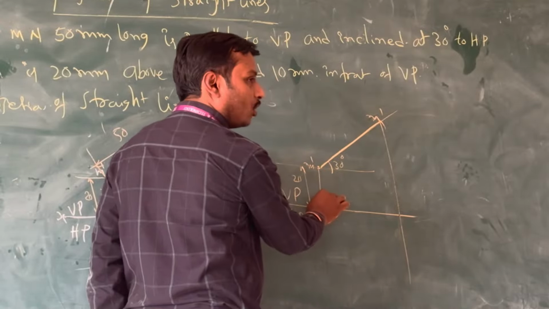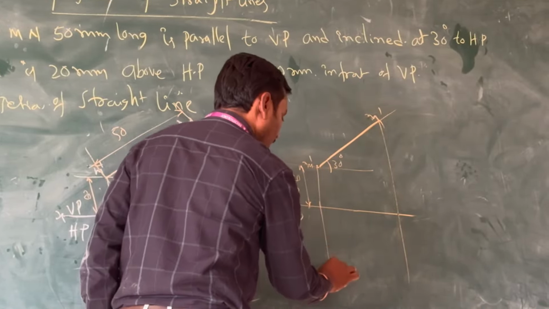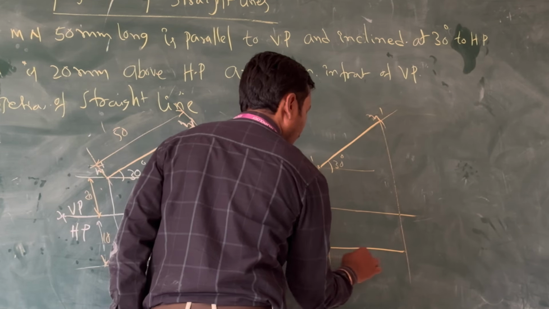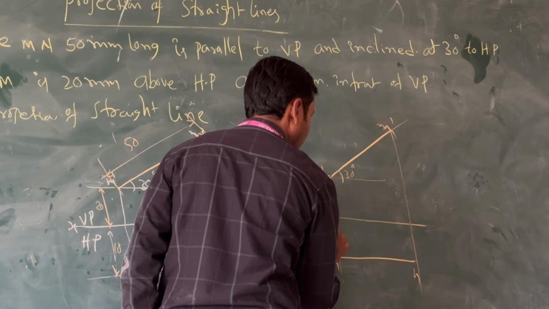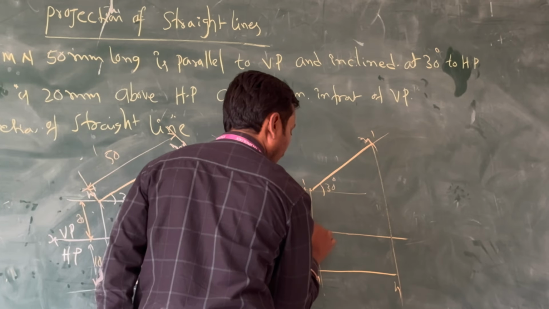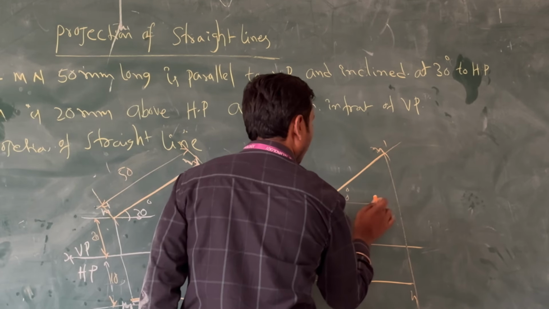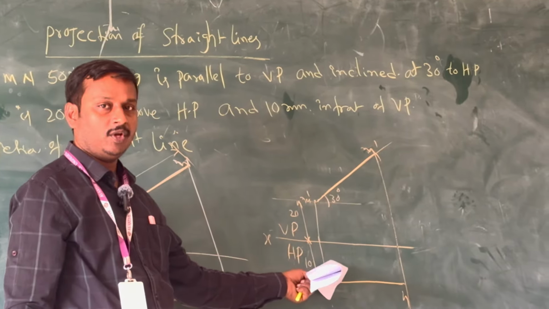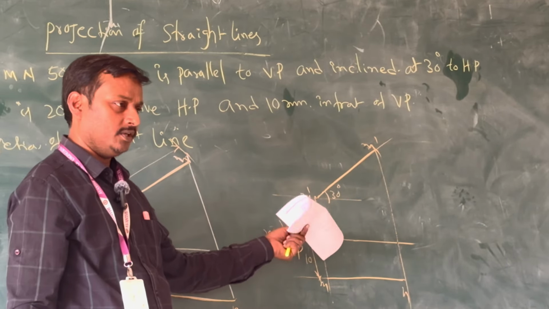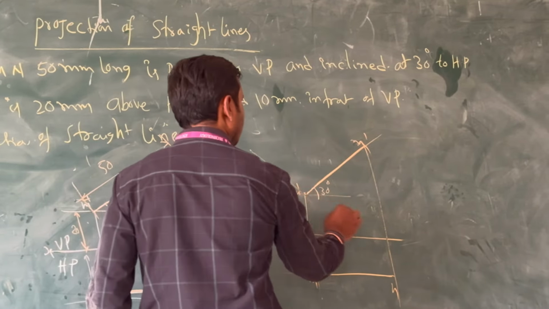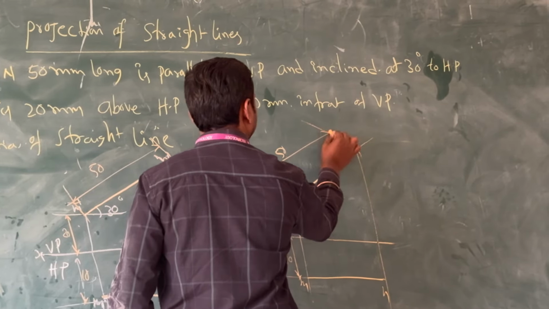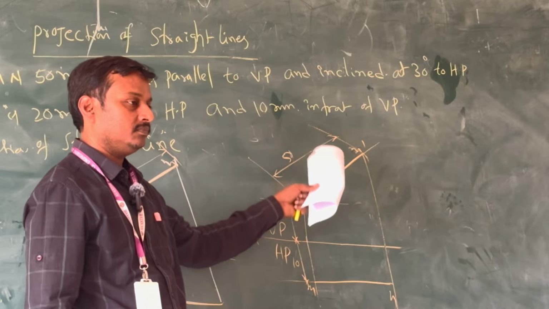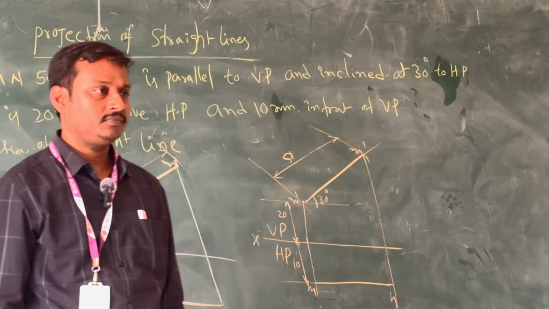Then how much in front of VP? From XY, 10 mm. Now, parallel to VP, inclined to HP. This is the 50 mm line. This is the true length. Got it? Okay.